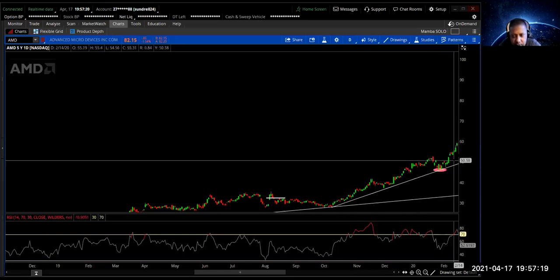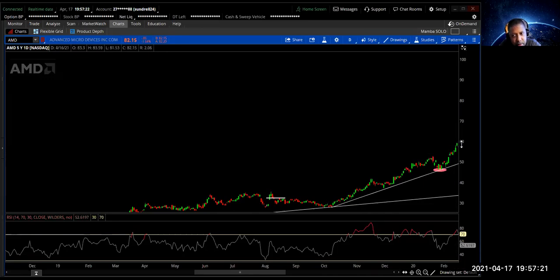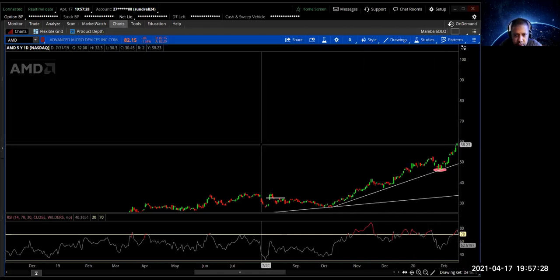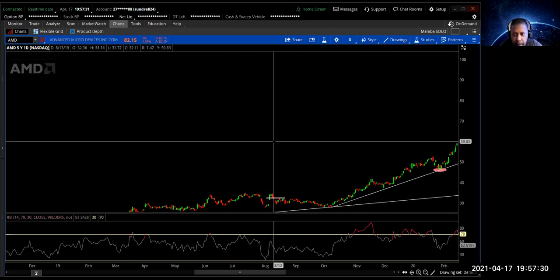So we have to assess what's going to happen to the right within probabilities. We're coming up to a level of previous resistance, not right now, but so the probability of this breaking through initially upon touching that resistance isn't as strong as it would be if this were the first breakout.